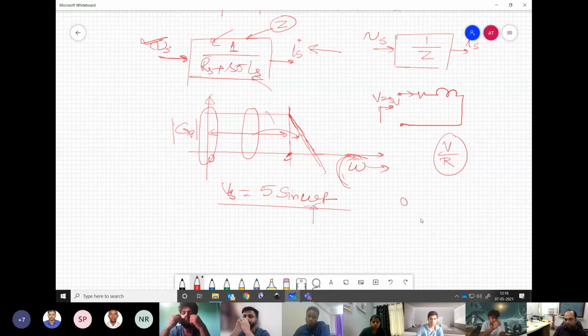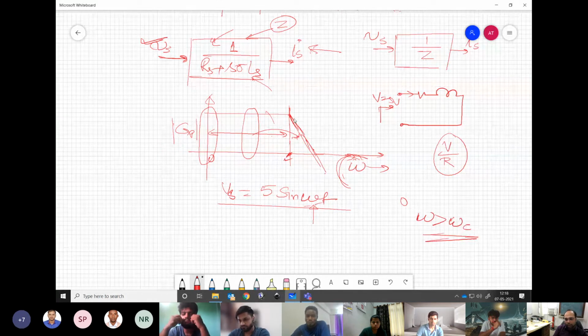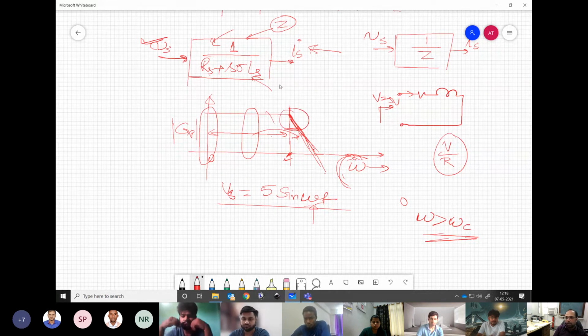But the moment your omega crosses this corner frequency, there is sudden reduction in the magnitude of current what you start seeing. This is coming on account of the nature of the plant. Simple meaning, if you have inductor, its impedance is omega L and not L. R is R, irrespective of frequency, but your impedance for the inductor, which means XL, is increasing with frequency.